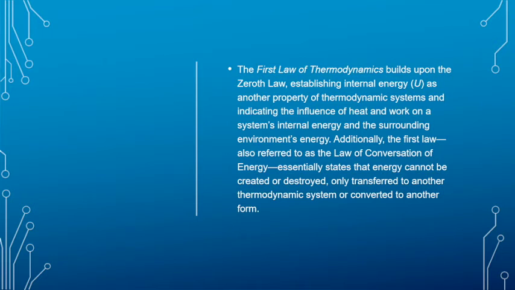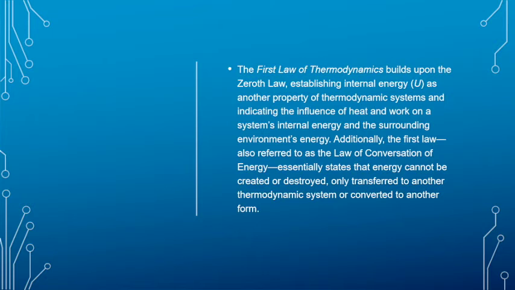The second law is the first law of thermodynamics, builds upon the zeroth law, establishing internal energy as another property of thermodynamic system and indicating the influence of heat and work on a system internal energy and the surrounding environment energy.